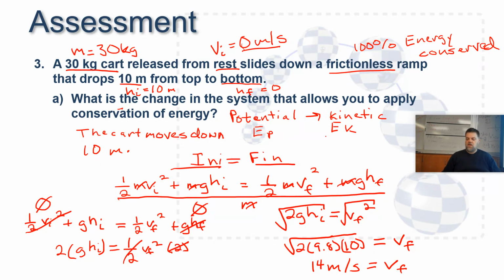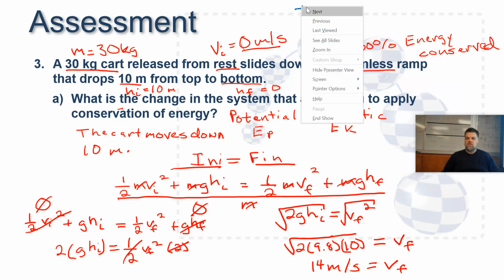So maybe we should have drawn a picture. We'll draw the picture so you guys can see this. So it starts way up here, comes down here. And here's my cart.